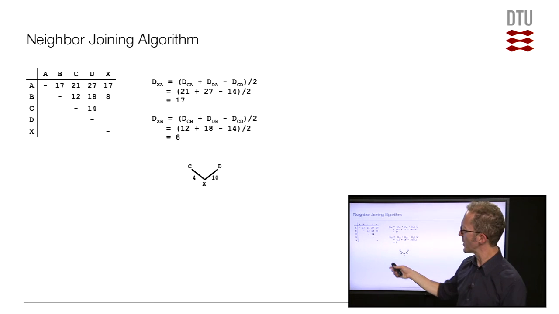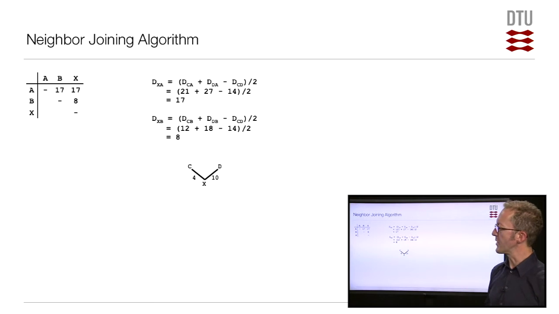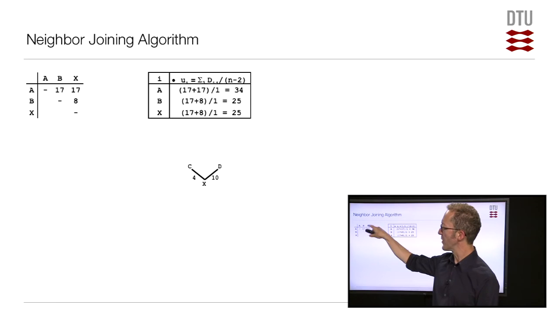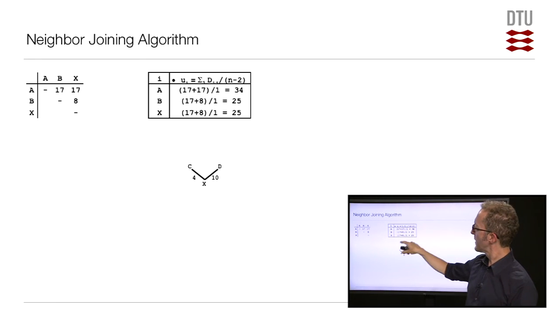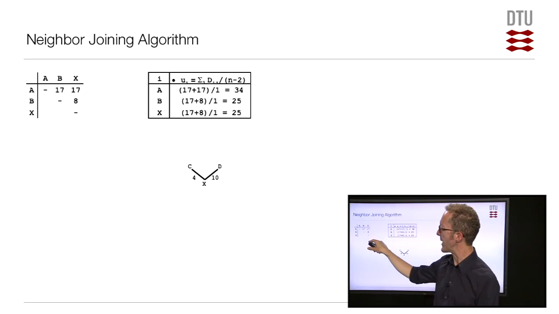So we put in those numbers in the distance matrix, and we can now delete the C and D rows and columns, giving us this new distance matrix. And we're now ready to run another iteration. Again, for each of the nodes in the distance matrix, we compute this value U. We take the sum of the distances from a node to the remaining nodes.